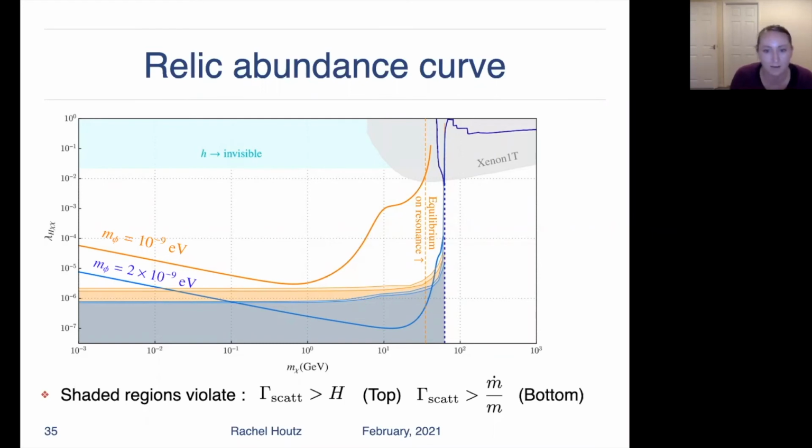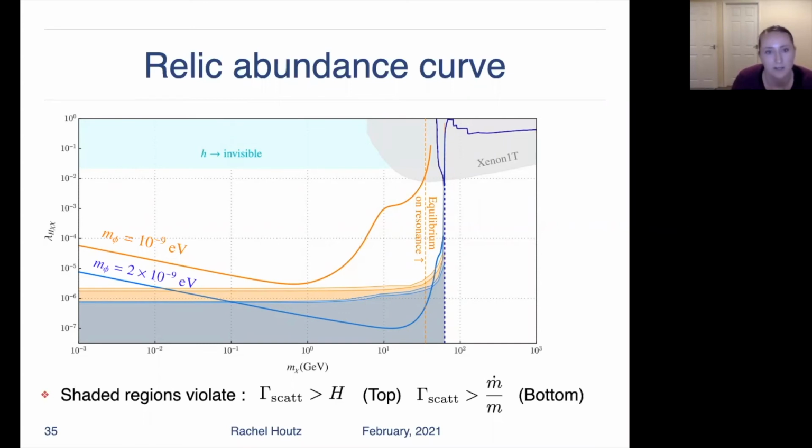But the fact that we have the scattering rate bigger than Hubble, and also that the scattering rate needs to be faster than the mass change, we've shown on two shaded regions, each corresponding to the curve that shares its color. The kinetic equilibrium condition is a bit more imposing than the second constraint, that the interactions that establish kinetic equilibrium need to be fast. But we've shown those both on the plot, so you can see qualitatively what's going on.